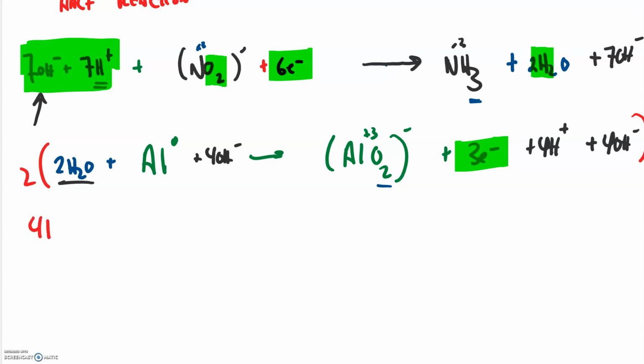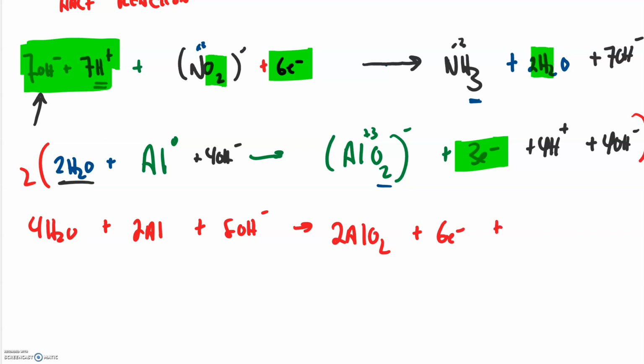That gives this 4H2O, 2 aluminums, 8 hydroxides, 2 aluminum oxide molecules, 6 electrons, so now our charges are in line, 8 H pluses, and 8 hydroxides. Whew. Starting to get kind of complicated.